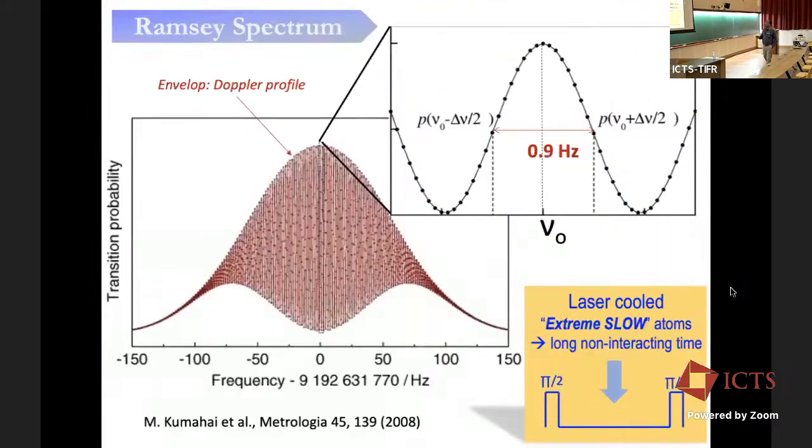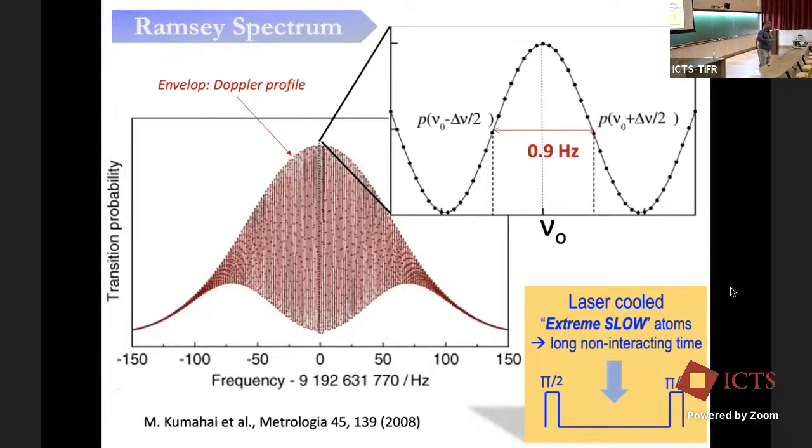Okay. And now if you somehow, like with these laser cooling techniques, decrease the velocity, you can fine tune or finely split these things, then the line width becomes less than 1 hertz, even in the microwave field. That means you can measure the transition frequency between the ground state and excited state with an accuracy below 1 hertz.